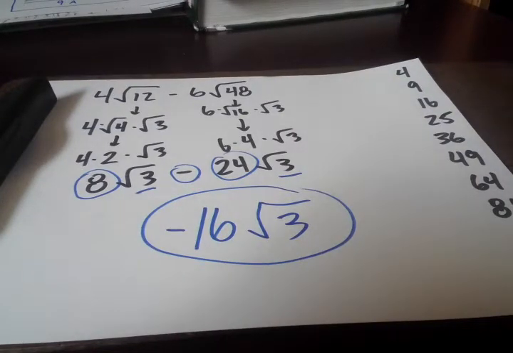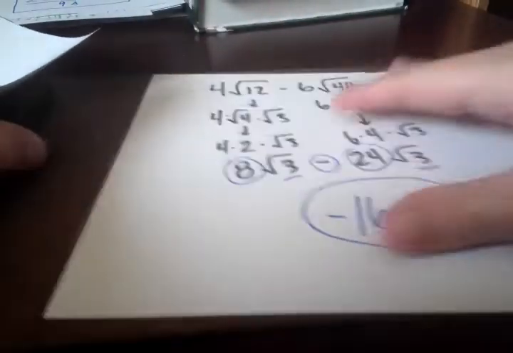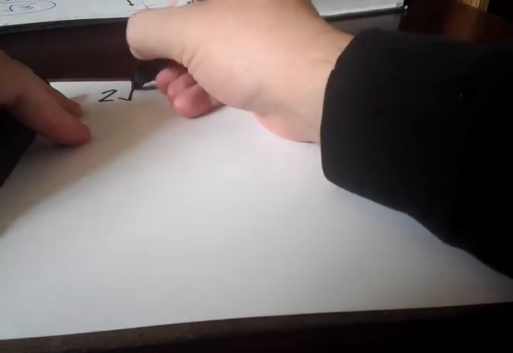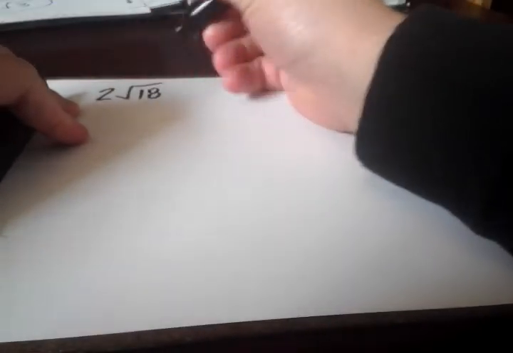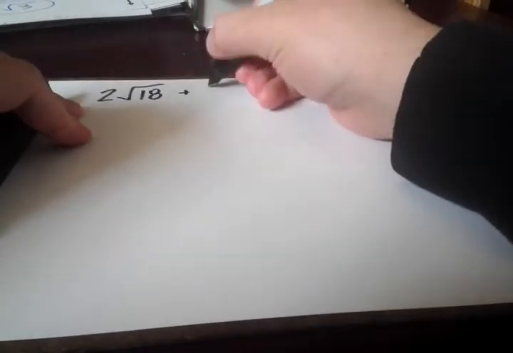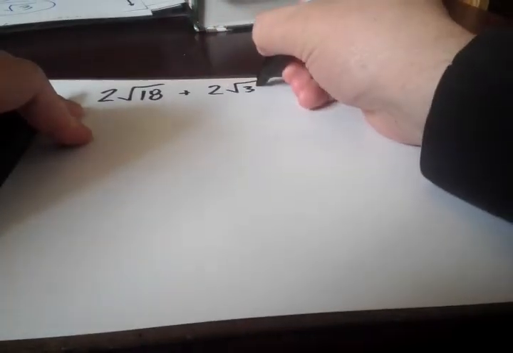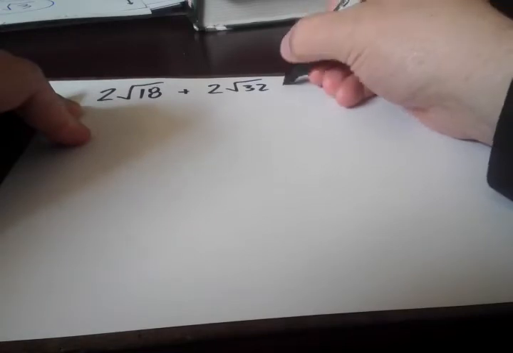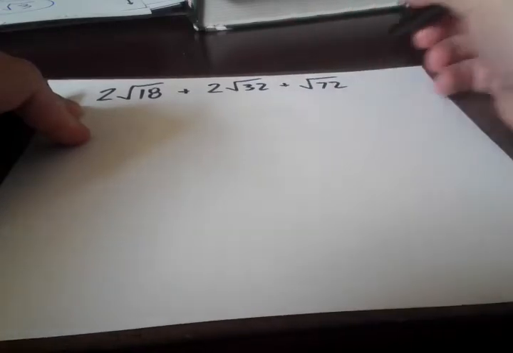Okay, I'm going to switch pages here because I want to try example 2 with you guys, because this one has, I think, 3 terms. This is example 2 here, still on 636. So I got 2 radical 18 plus, what is this, 2 radical 32 plus radical 72.